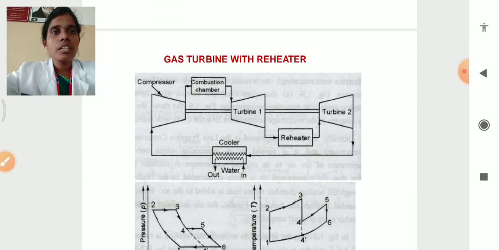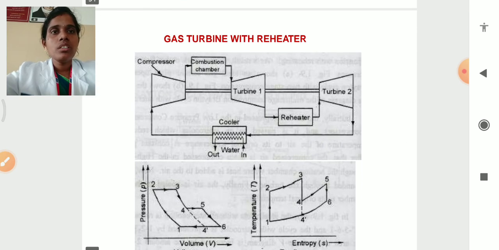Similarly, the gas turbine with reheater: the compressed air is fed to the combustion chamber, in which the fuel gets combusted with the help of air, and then it is passed to turbine one. The exhaust is further reheated with the help of the reheater and then fed to the second turbine, and then the hot gas is passed to the cooler.